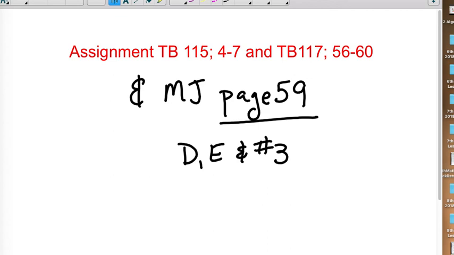Then go to the textbook. You have numbers 4 through 7 on page 115 and numbers 56 through 60 on page 117. So you have 11 problems, 11 things to do. We're pretty much out of time. But D and E is just what we've been doing.